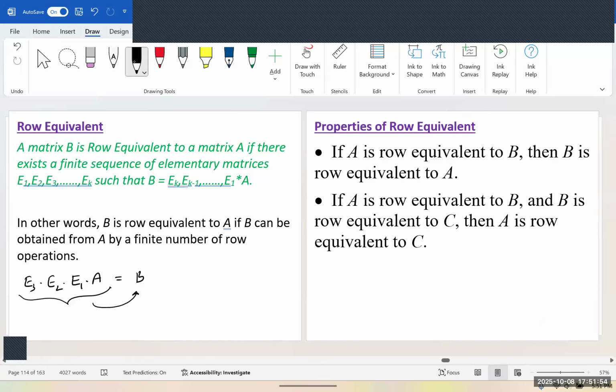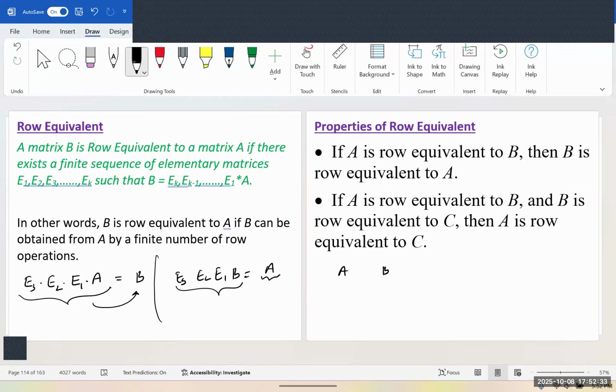Now, the properties of row equivalent matrices. If A is row equivalent to B, so you have two matrices, A and B, it means that if you multiply B on the left side by elementary matrices E1, E2, E3, it turns into A. If eventually multiplying B by a bunch of elementary matrices gives you the exact A matrix, then A and B are equivalent.